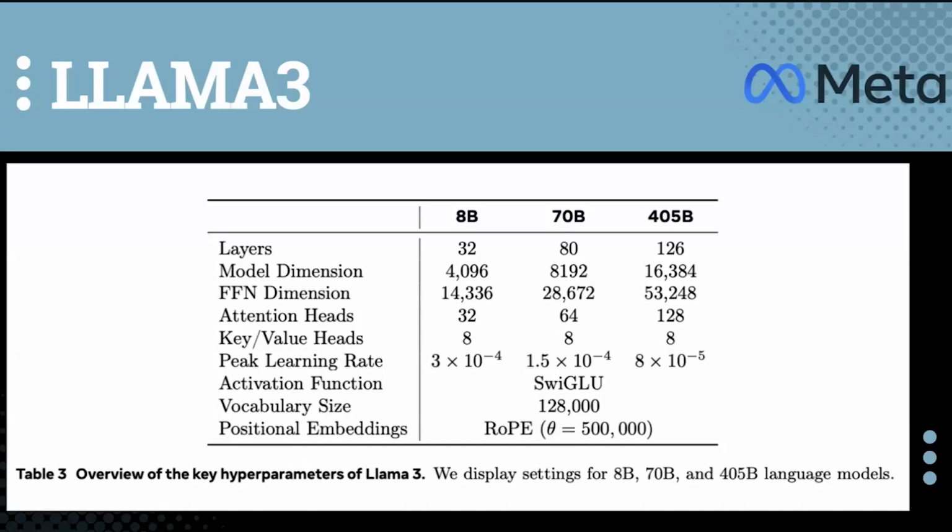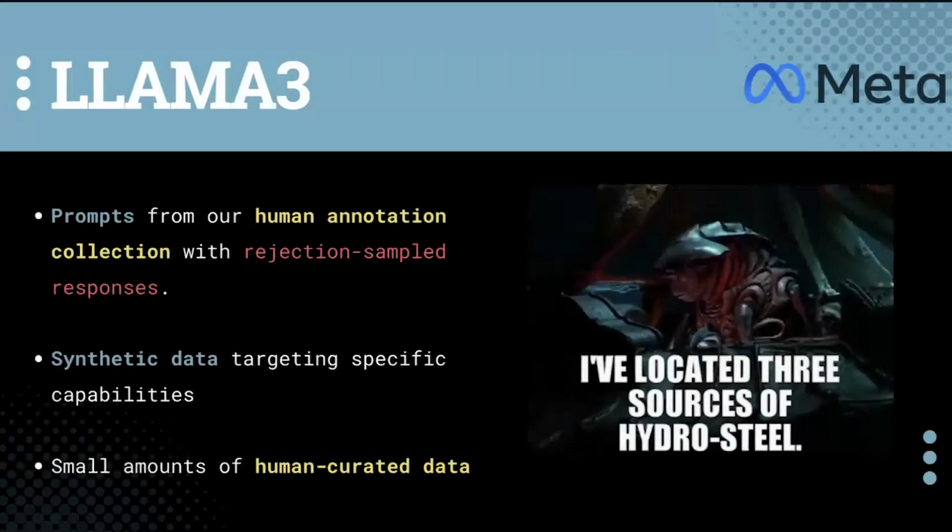And now that we've been introduced to instruction tuning, we can make some sense of what's going on today. There's actually three types of data they used to train the Llama 3 models. Prompts from human annotation collection with rejection sampled responses. Rejection, chosen versus rejected, as we just looked at.